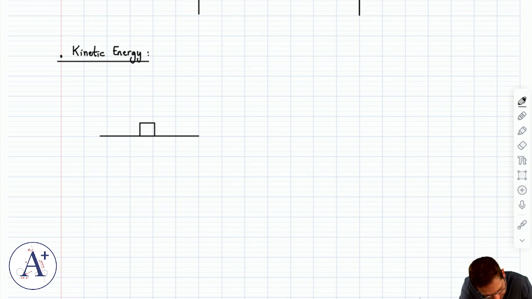So if I have a block that has a mass m and a speed v, then the linear slash translational kinetic energy is going to be given by K, call it sub t for translational, is 1/2 mv squared.